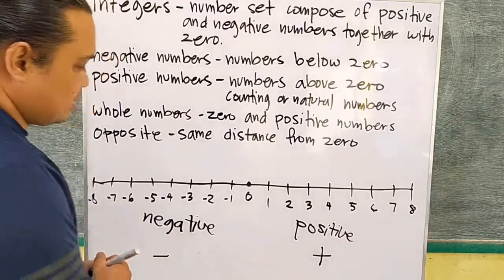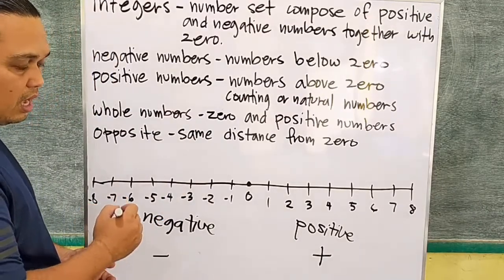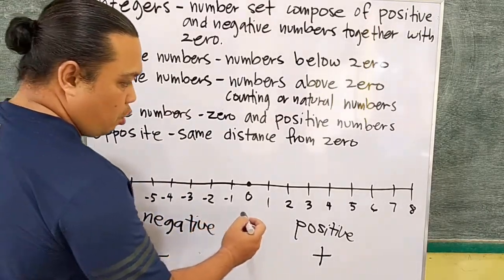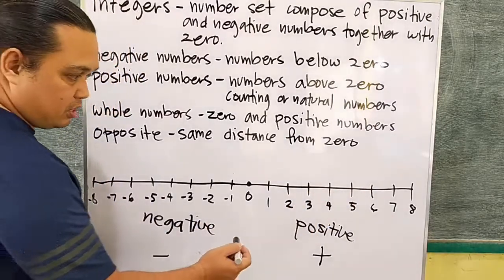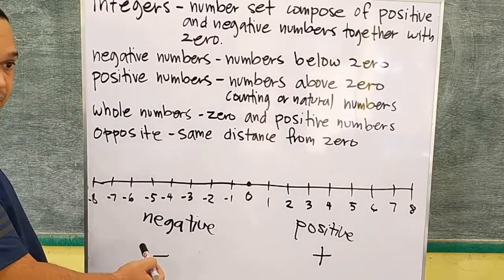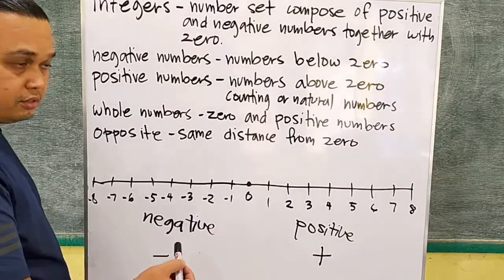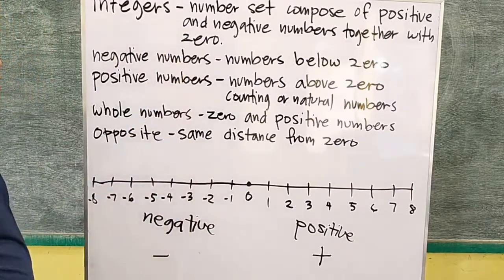Now, numbers that are whole numbers or positive numbers and negative numbers together with 0 are already called an integer.